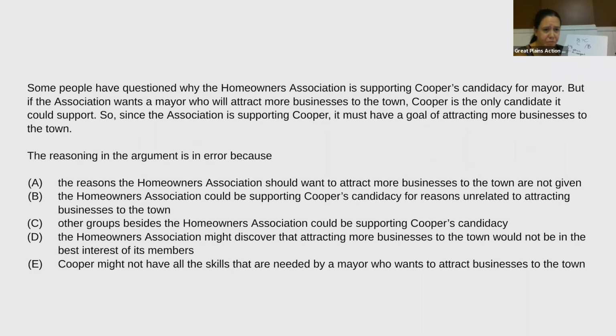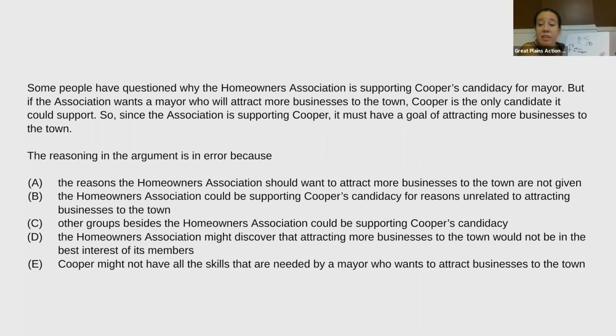All right. Quick run through the other ones real quick, just to make sure, but that one matches the structure. So C says other groups besides the homeowners association could be supporting Cooper's candidacy. That's not relevant. D, the homeowners association might discover that attracting more businesses to the town would not be in the best interest of its members.